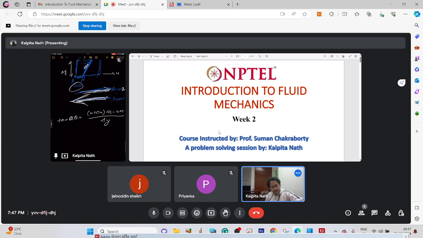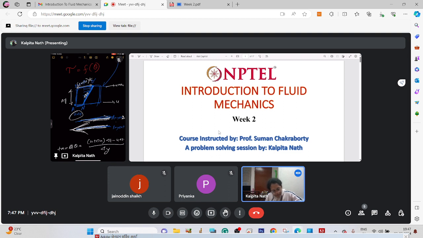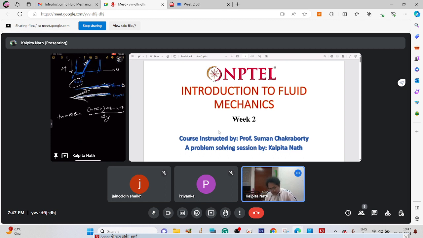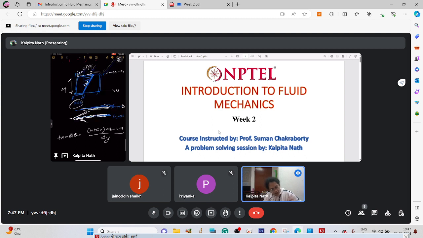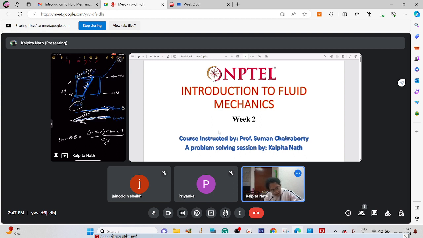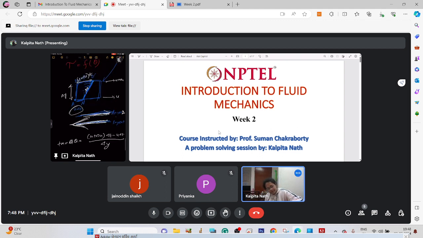So p by b. This is p, the perpendicular in this direction, this distance. This distance is u plus del u delta t minus u delta t, upon the base.